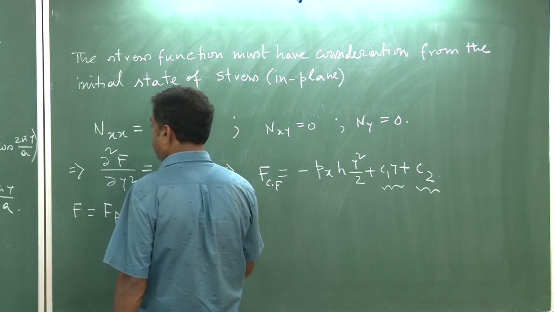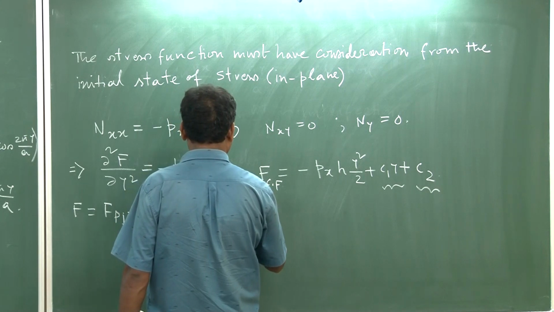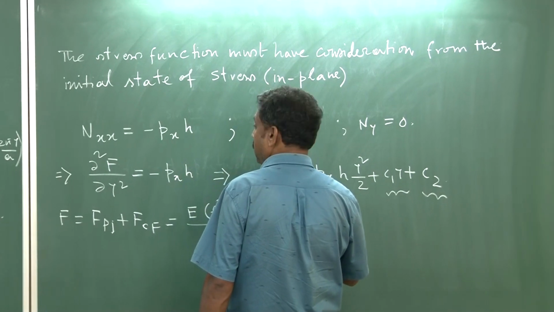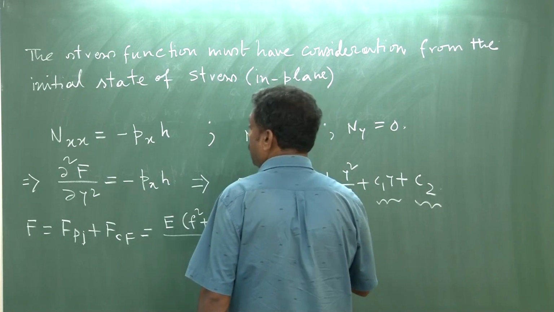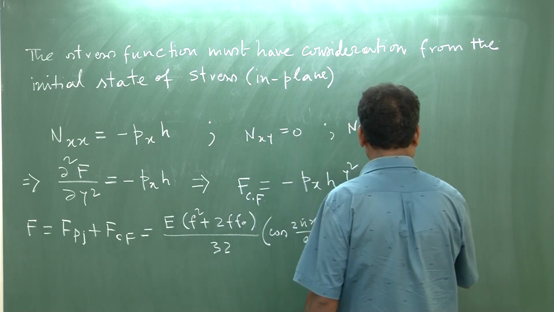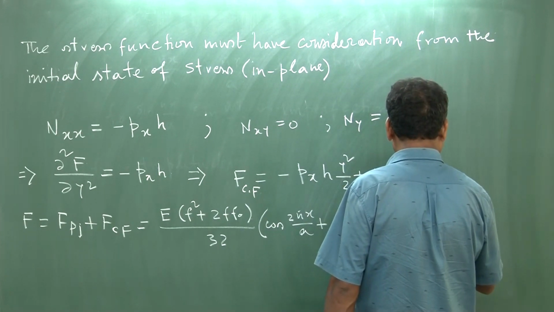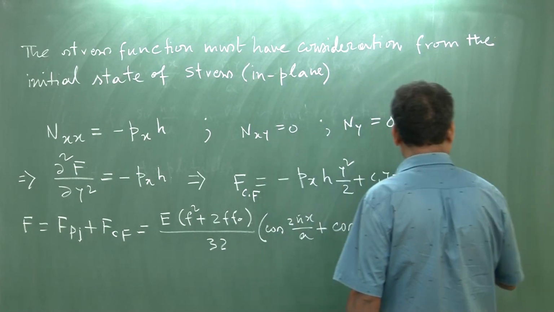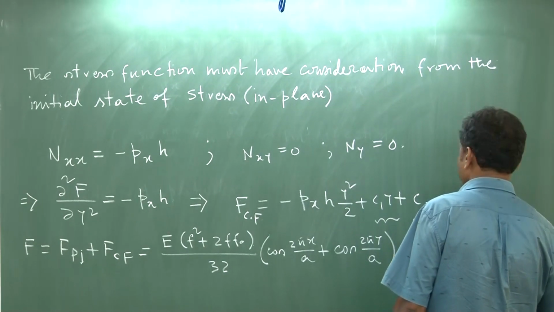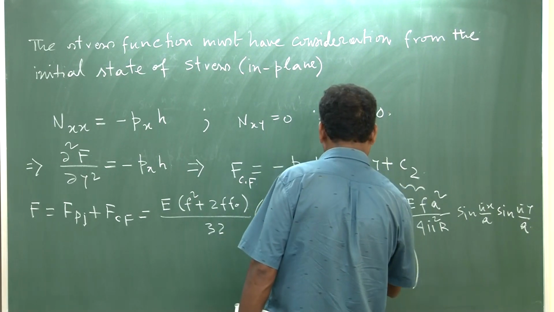So, I can write the total solution as f square plus 2 f f0 divided by 32 cosine of 2 pi x upon a plus cosine of 2 pi y upon a plus E f square by 4 pi square r sin pi x by a sin pi y by a, and then this one is minus Px H y square upon 2, the whole.